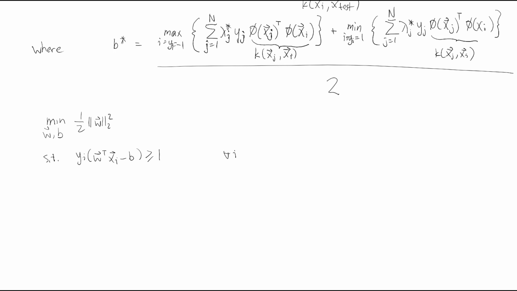That was the vanilla or hard margin SVM. For the soft margin SVM, we allow some violation of the constraint, and the amount of violation is written as ξi. This is called the slack variable.